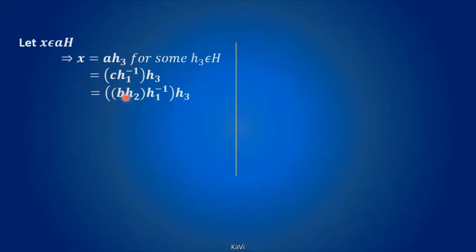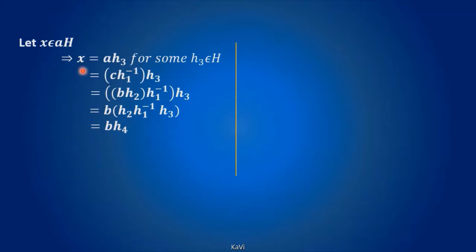This is using the previous four equations involving C, B and A. So now we have found this is equal to B into H2, H1 inverse H3. Using the associative law in a group, we can write it like this, and since H is a subgroup and H2, H1 inverse, H3 all belong to H, this will be an element of H. You can write it as H4.